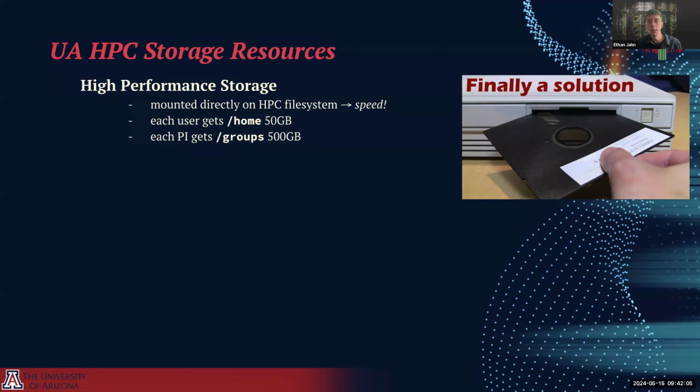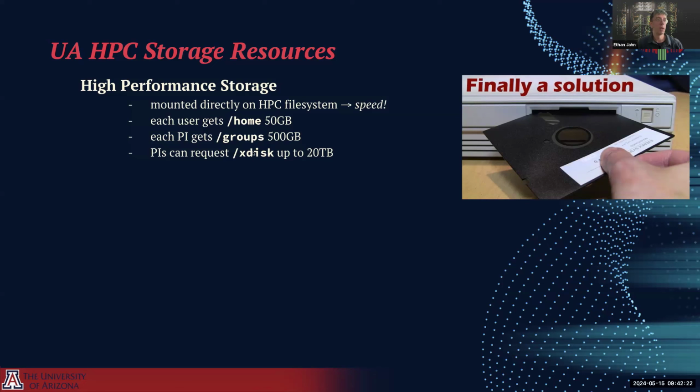So each group member should get their own personal folder within the PI's group share, and that 500 gigabytes is available to everybody. And in addition, if you need more space, PIs can request X disk, which goes up to 20 terabytes.